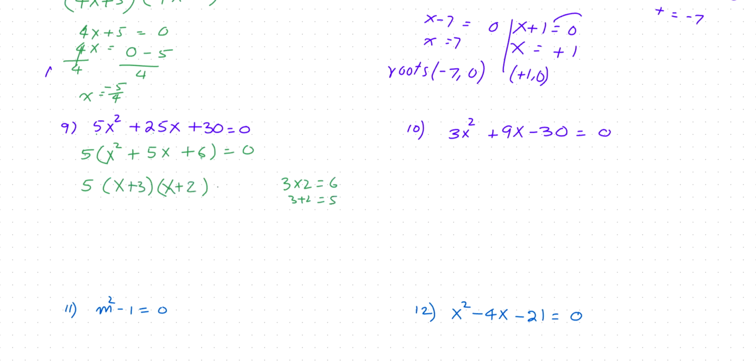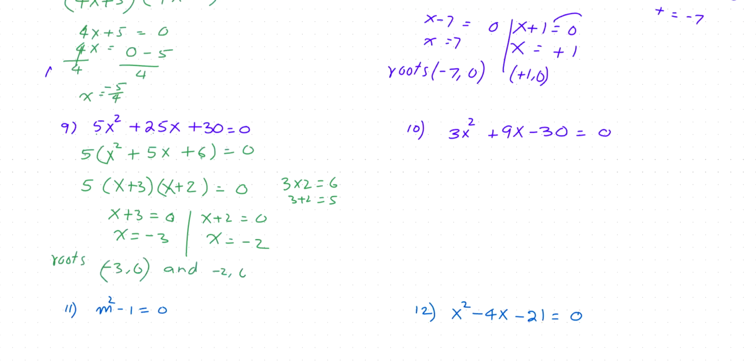Now to solve this, each factor we write equals to 0. So x plus 3 equals to 0. So x equals negative 3. Same with the other factor, x plus 2 equals to 0. X equals negative 2. So what are the roots? Negative 3, 0 and negative 2, 0.